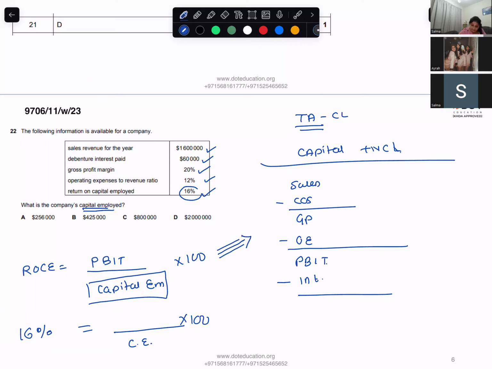Sales is 1,600,000, right? Gross profit margin is 20% of it. It's going to be 320,000.